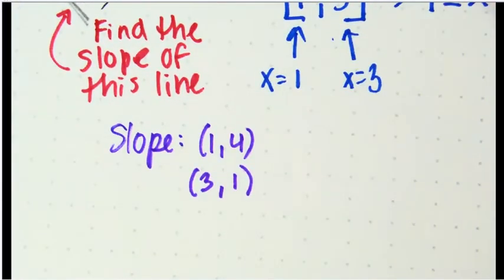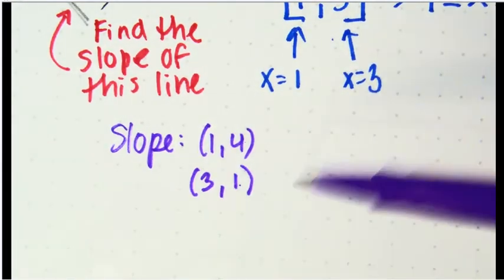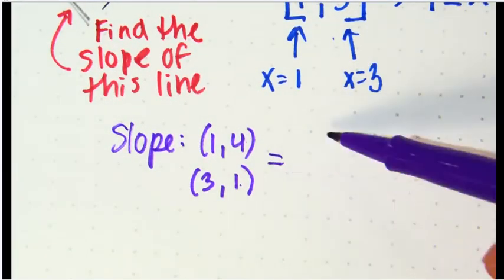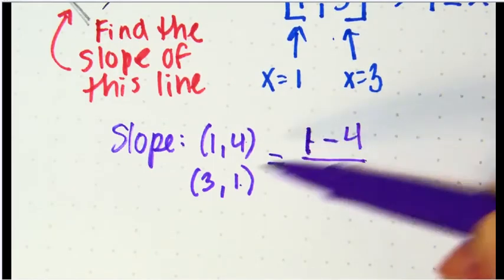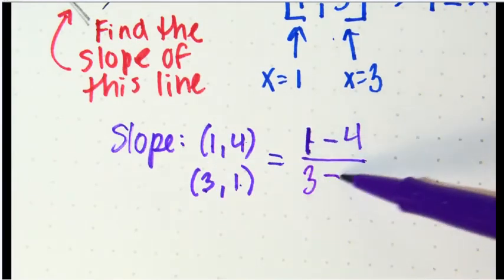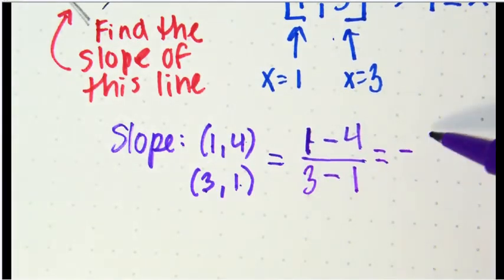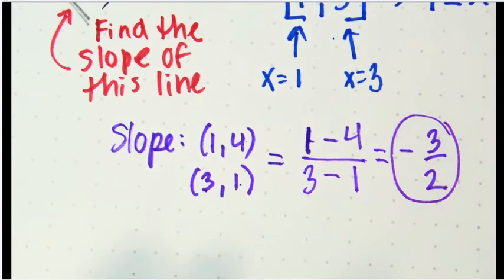Okay, so second y minus first y over second x minus first x. So 1 minus 4, second y minus first y, second x minus first x. So the average rate of change between those 2 points is negative 3 over 2.